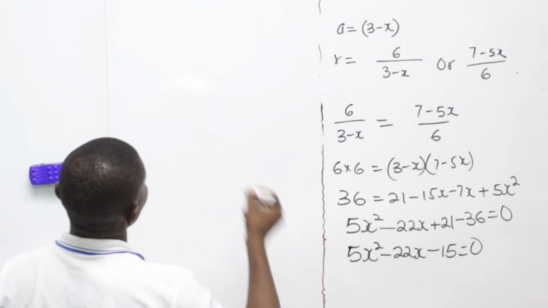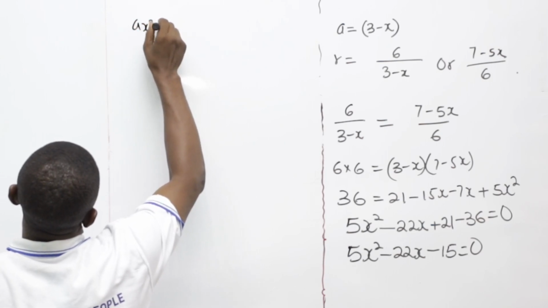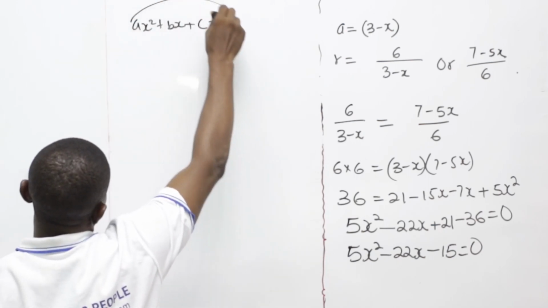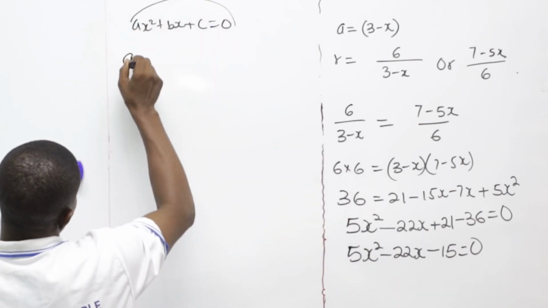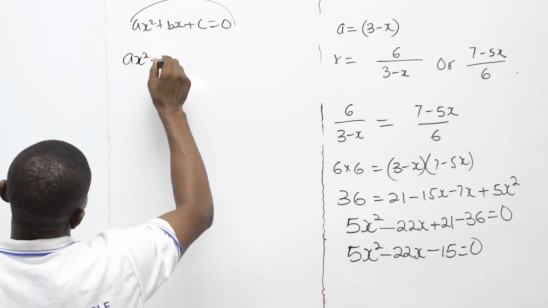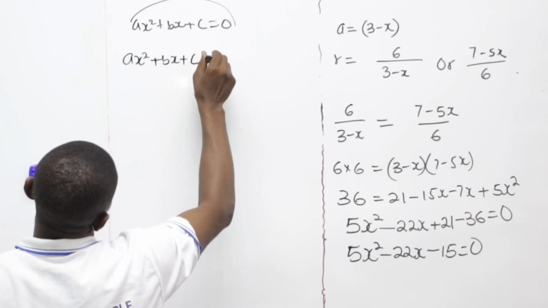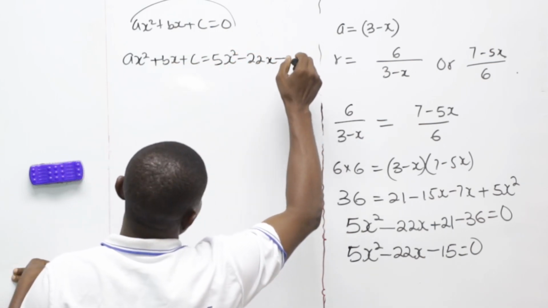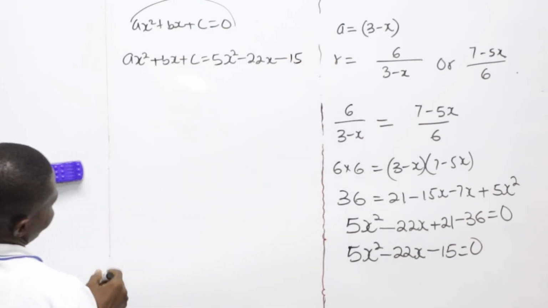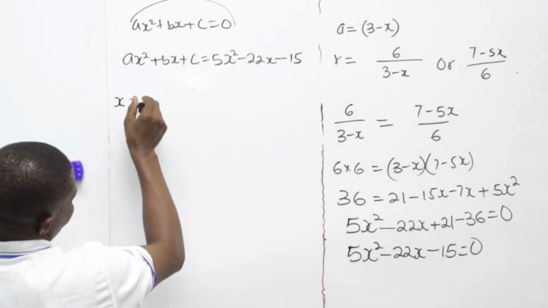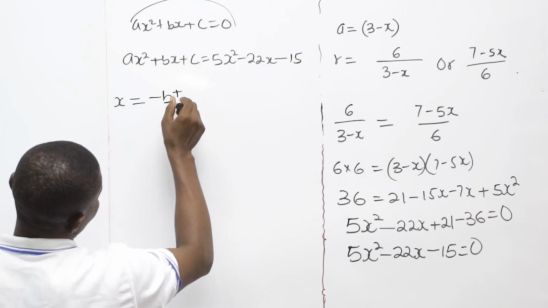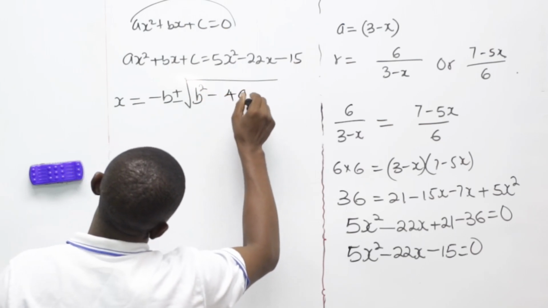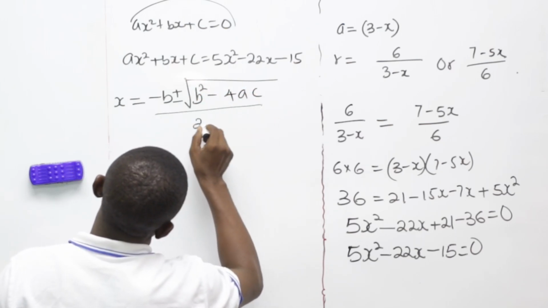By doing that, recall that ax squared plus bx plus c equals 0. Use this formula and equate it to the question given to you, that is ax squared plus bx plus c equals 5x squared minus 22x minus 15. General formula, x equals minus b plus or minus square root of who? b squared minus 4ac all over 2a.